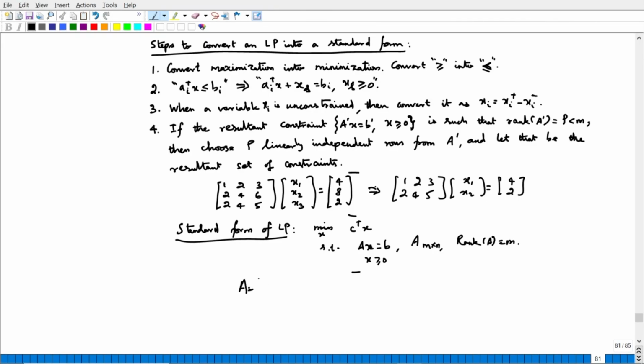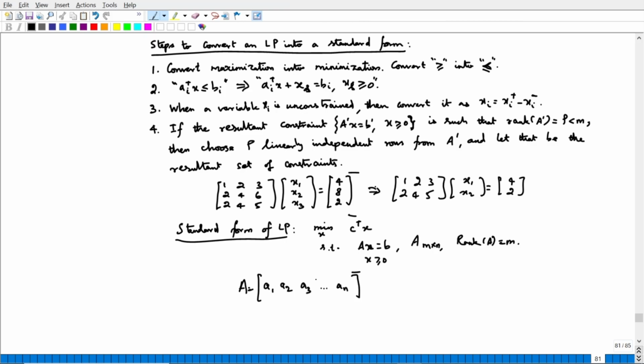So, let us choose m linearly independent columns from A, since the rank is equal to m, and let us call that set of columns B. The remaining set of columns will be called N. In other words, note that A has A1 as one column, A2 as another column, A3 as another column, dot dot dot An.